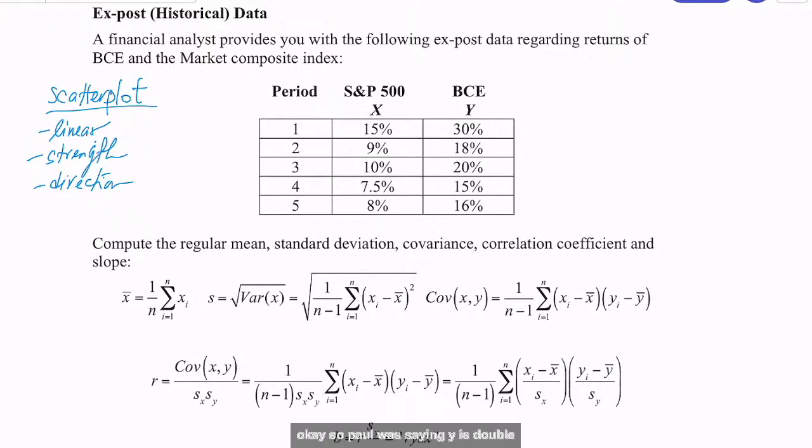Okay, so Paula is saying y is double x, and they move together. Okay, so answer the questions, Paula. The linear, the strength, and the direction? Tell me.